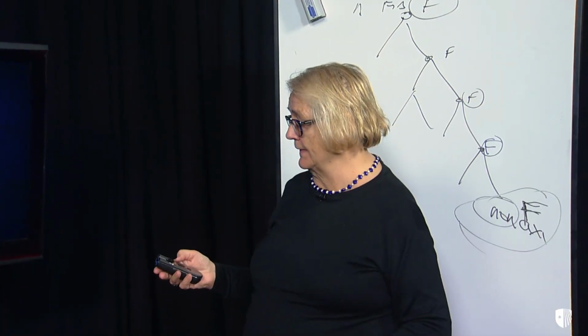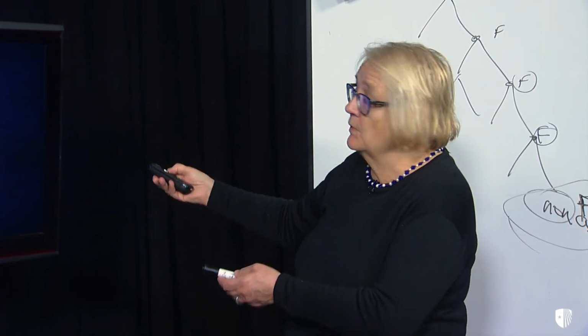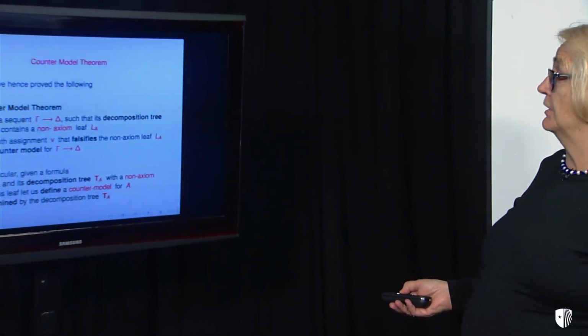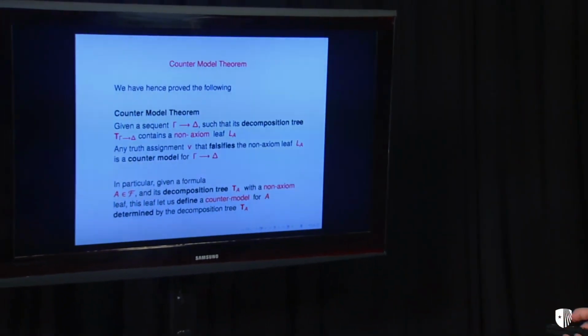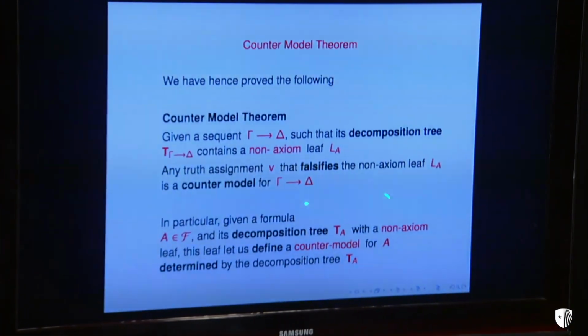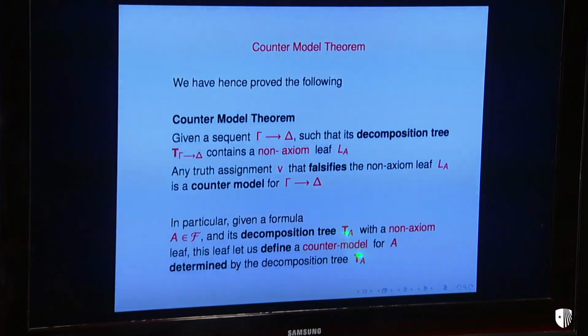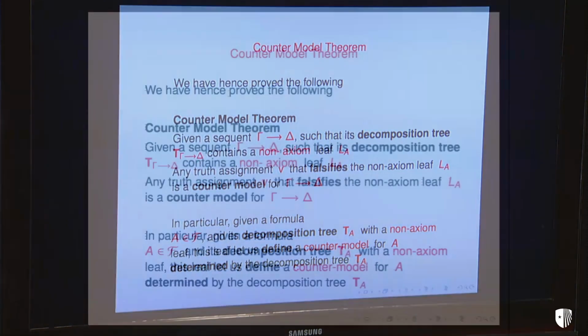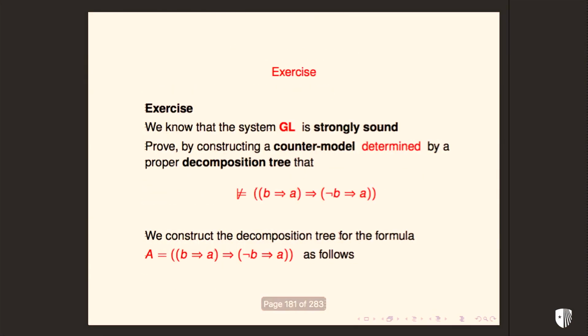Because of the strong soundness of the system, we have the same theorem. In particular, given a formula, the decomposition tree of A has a non-axiom leaf. Let us define the contramodel of A, or it can be a contramodel for the whole sequent. And so, exercise: we know that G is strongly sound, proved by constructing the contramodel determined by the tree.